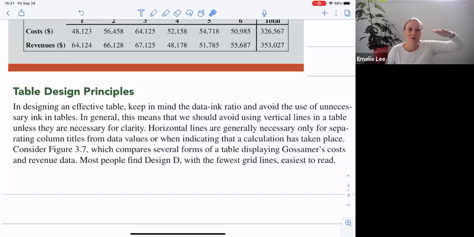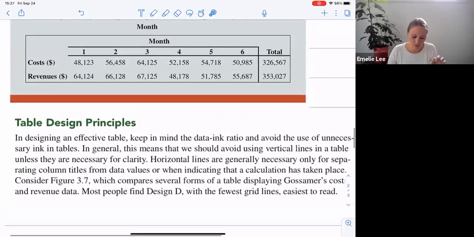So horizontal lines, we generally only need them to separate the column titles, the variable names, from the actual data values. Potentially, if you've done a calculation at the bottom, then you may have a horizontal line at the bottom as well. But typically what they're saying is that we don't need a ton of lines inside our table in order to make it readable.